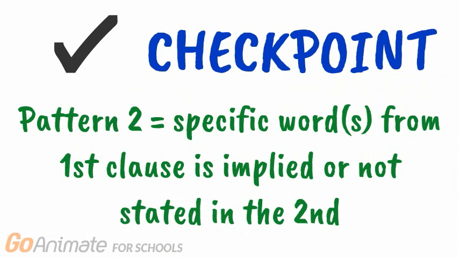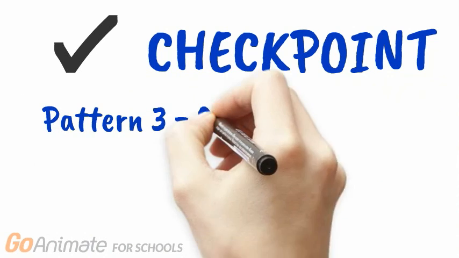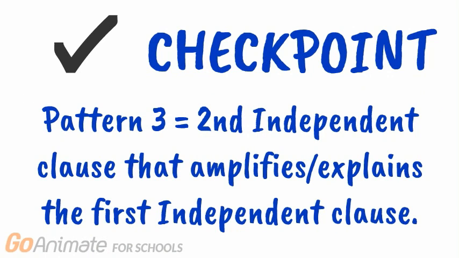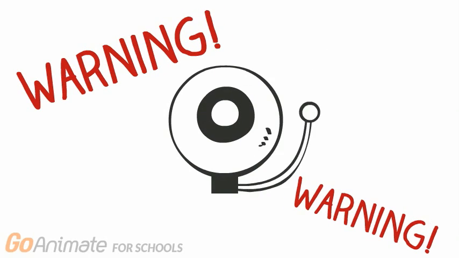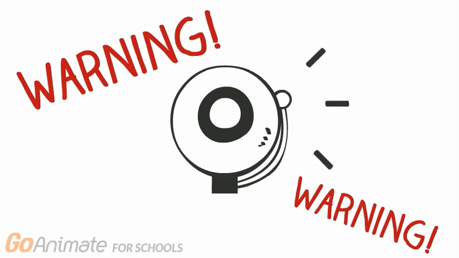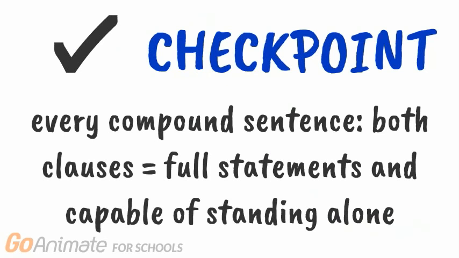Pattern 2 must have a specific word or words from the first clause implied but not stated in the second. Otherwise, no ellipsis is possible. Pattern 3 must have a second independent clause that in some way amplifies or explains the idea stated in the first independent clause. Do not use Pattern 3 with a colon unless the second statement is related to the first.